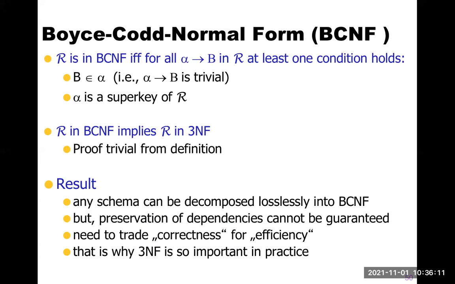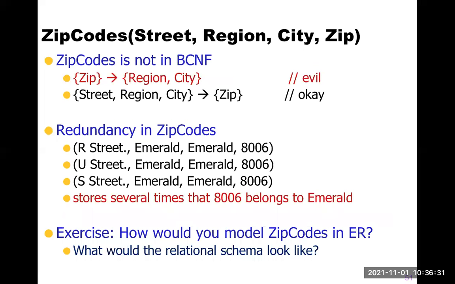In Boyce-Codd normal form, we split it into smaller tables, and maybe a bigger number of smaller tables, and that would be correct, but we need to rebuild our source table with smaller efficiency.